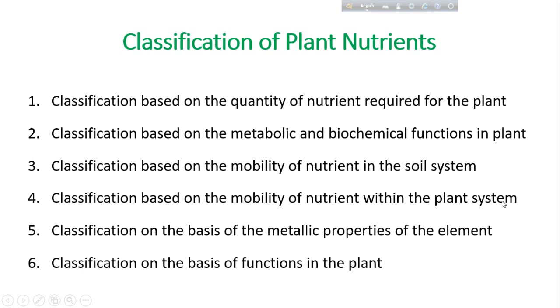Some of the elements are less mobile, some are highly mobile in the xylem or phloem system. Next, classification on the basis of the metallic properties of the elements. That means some of the elements are metal, some of the elements are non-metal. And the last one is classification on the basis of functions in the plant. These are the classification systems of essential plant nutrient elements.